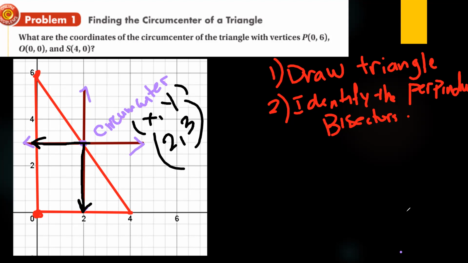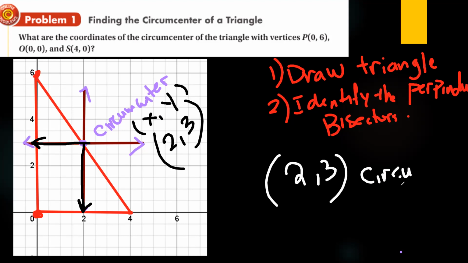So I will say the coordinates of the circumcenter of the triangle is at point 2, 3. So at point 2, 3 will be the circumcenter of the triangle.